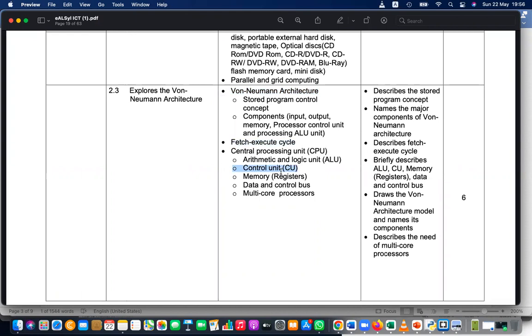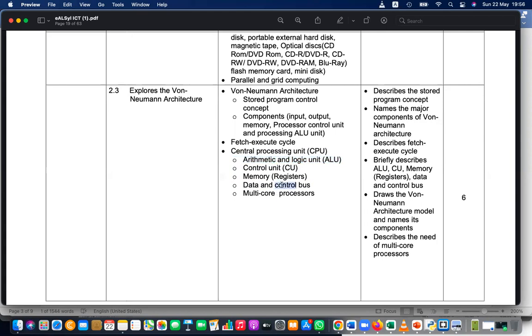So what are these fetch execute cycles? What are the registers? And what are the buses? Buses are basically the transport paths. The control unit is the unit which signals other devices. We learned that last week or the week before. The arithmetic and logical unit is the place where things are manipulated, calculated, and logically compared.